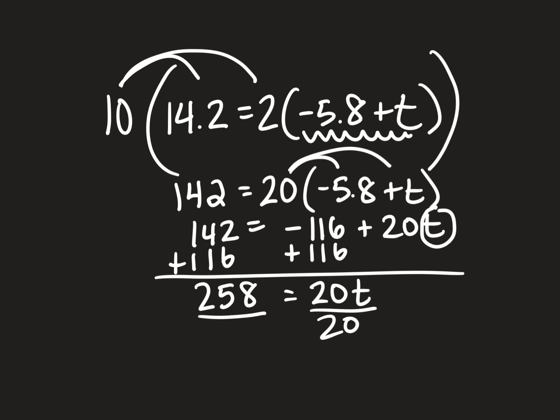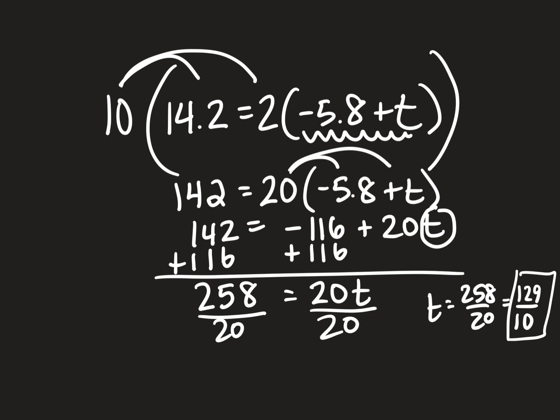When I divide by 20, I get t is equal to 258 over 20. I know both of those are even numbers, so I can divide by 2. 20 divided by 2 is 10. 258 divided by 2 is 129. You can leave your answer as 129 over 10, or if you wanted to write that as 12.9, that would also be fine.